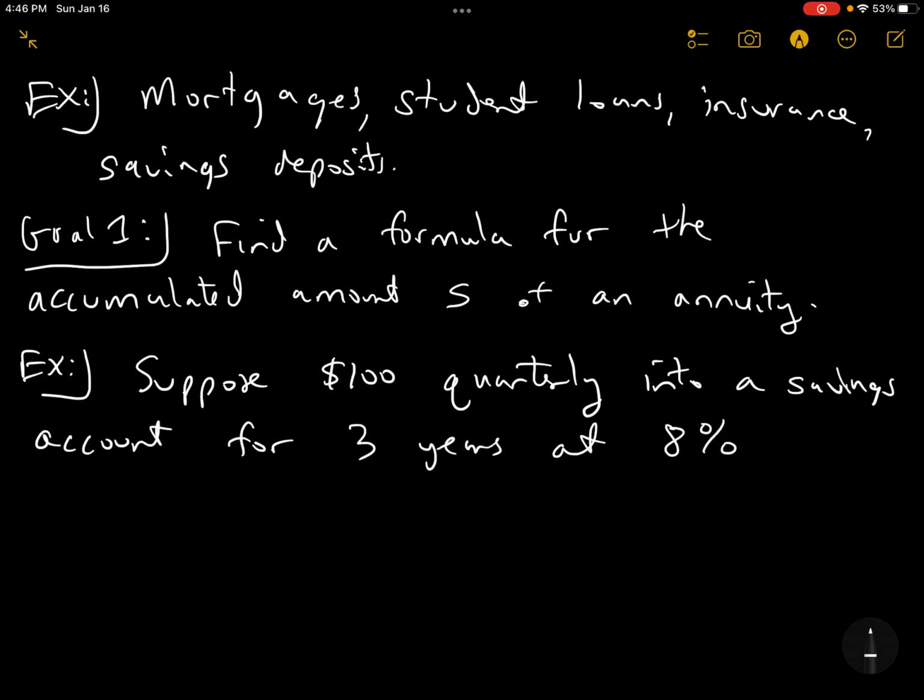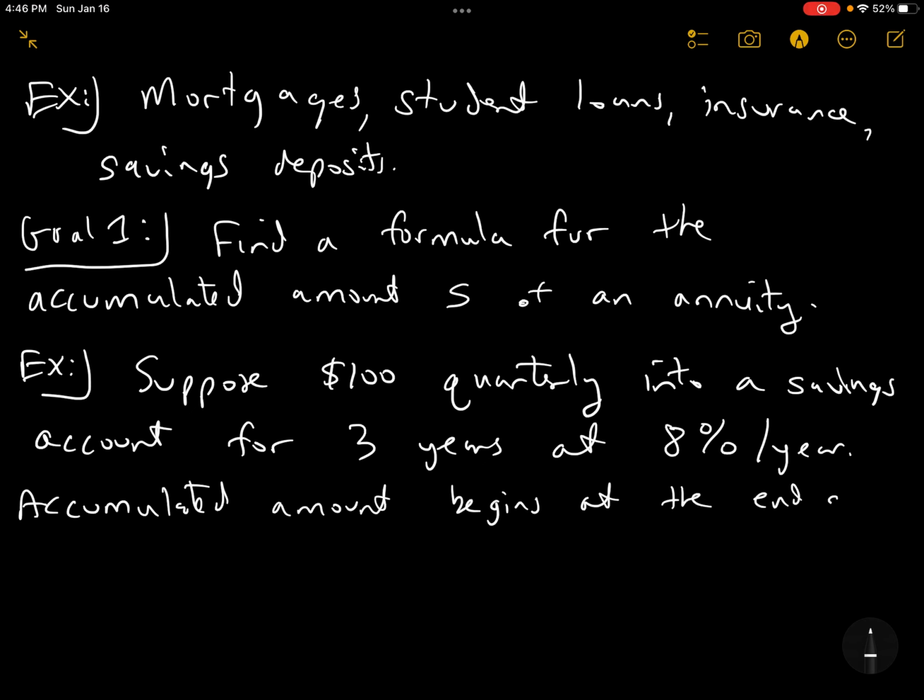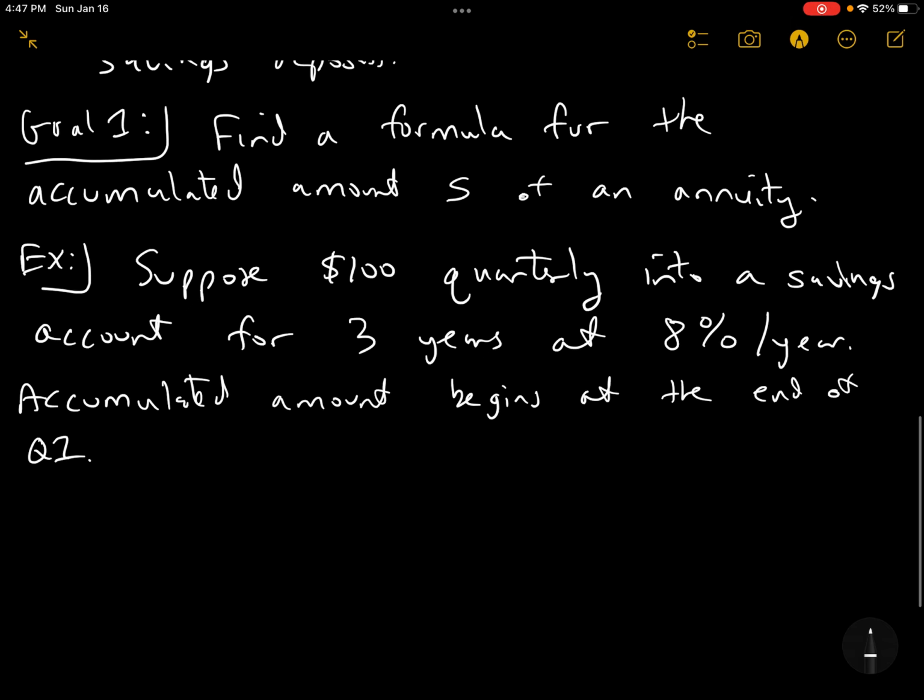So the accumulated amount begins at the end of quarter one, right? And so using our formula from before, we have $100, and this is put into our formula.